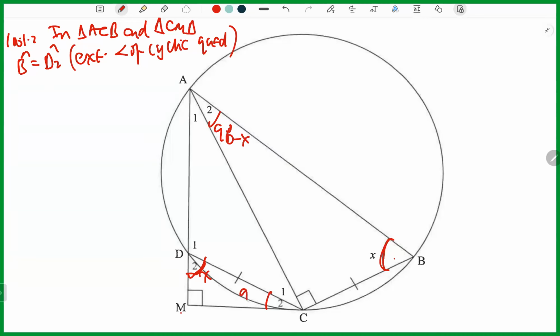And also this is 90 degrees minus x. So angle A2 is equal to angle C2, and this is 90 degrees minus x. Why? It was proved, or basically it's the sum of angles in triangle. Okay.